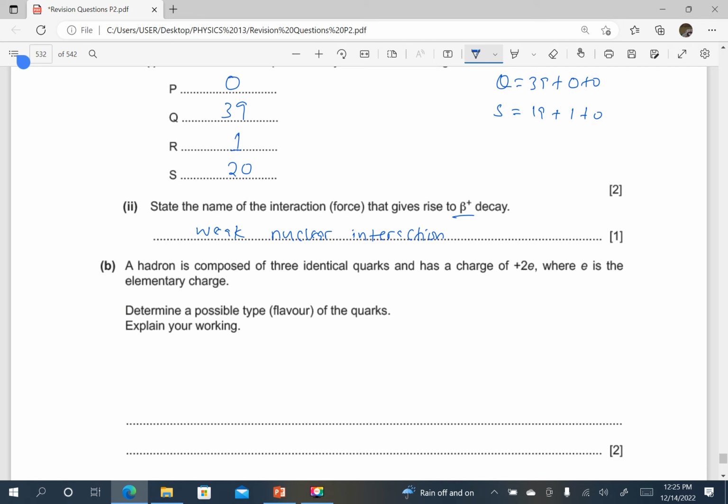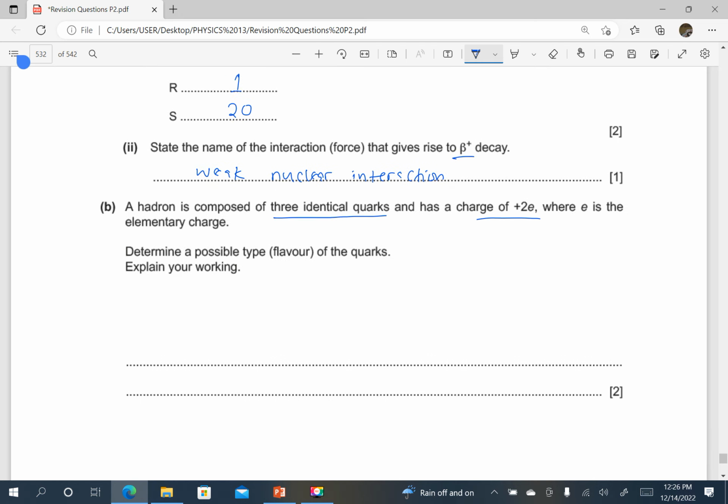A hadron is composed of 3 identical quarks. That means they have the same charge. Let's say each quark has charge q, and it has a charge of positive 2e, so that is the total charge. Determine a possible type of flavor of the quarks. Since they are identical, their charge is going to be 3q. So total charge is 3q, which is going to be positive 2e, which means that q is equal to positive 2/3e.